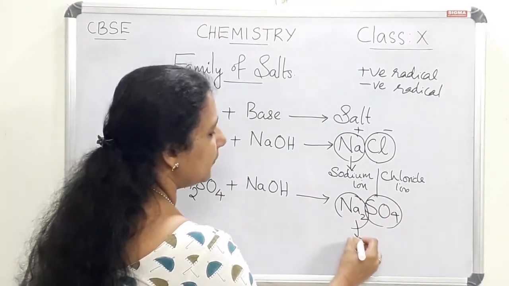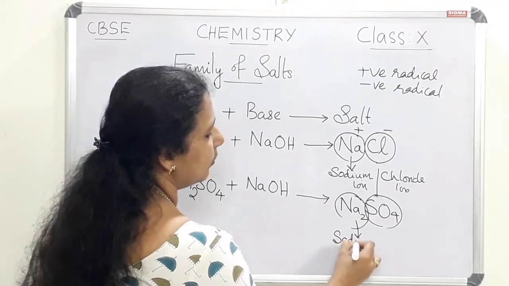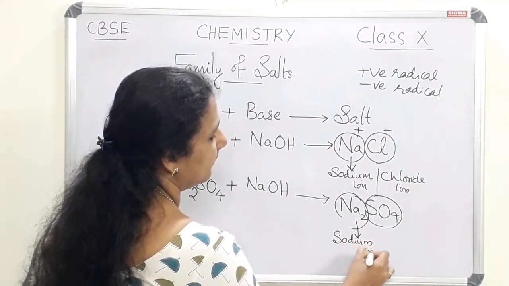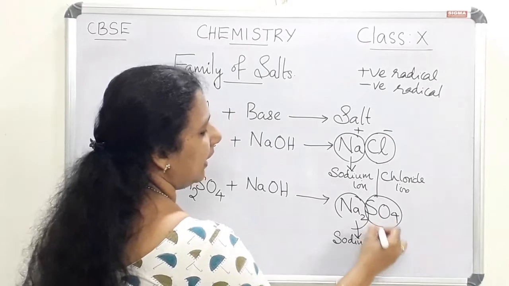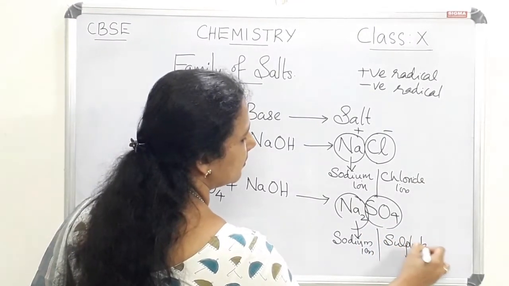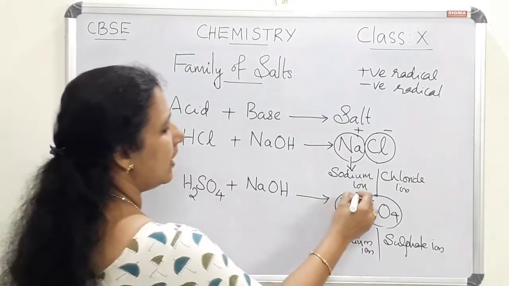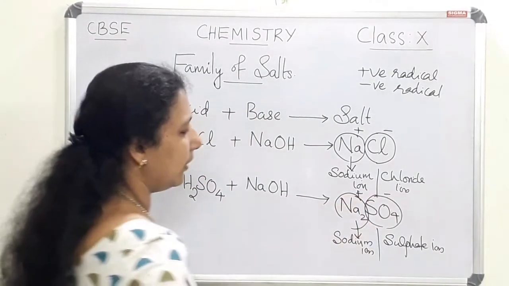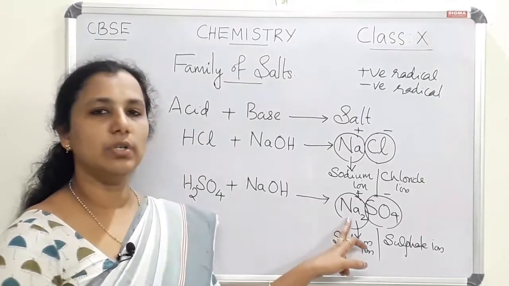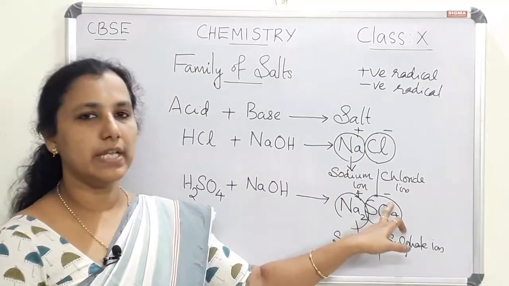The first part, the metal part, is the sodium ion, and the other part is the sulfate ion. So this salt also has two radicals: one positive and the other negative.